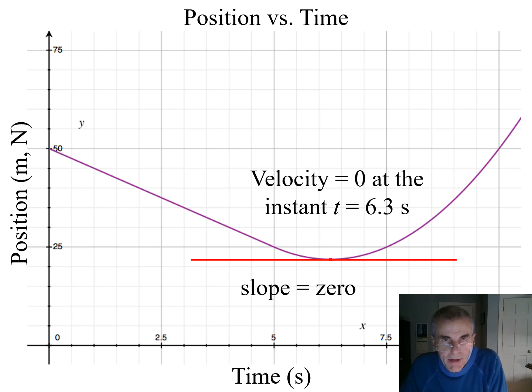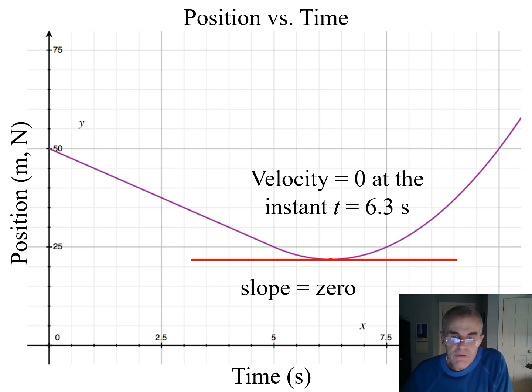Now, if you watch the animation of the person, that would be the instant where they turned around. Well, you would have to stop moving south before you can move north. So there has to be an instant in there where the velocity is 0, and that would be the low point on the graph, where the slope of the tangent line is 0. That would be an instantaneous velocity of 0 at that particular point in time.